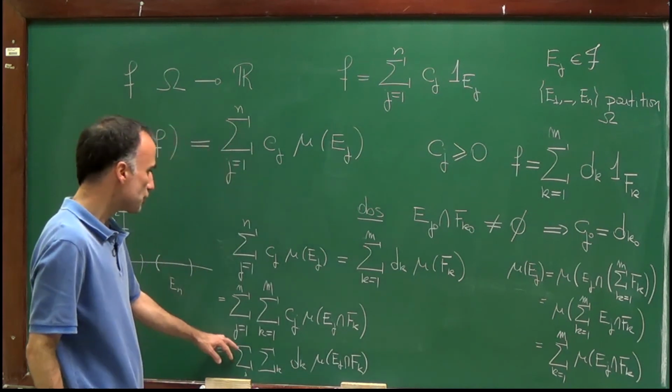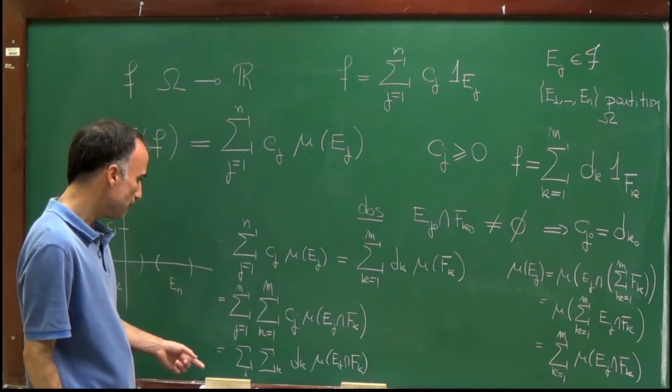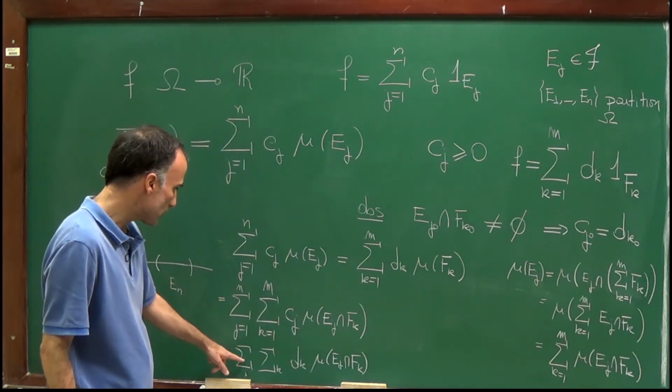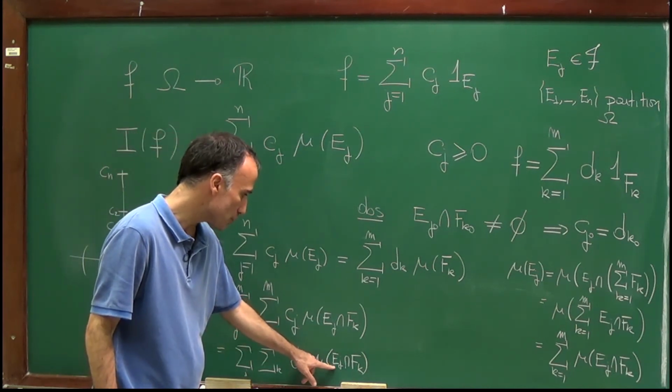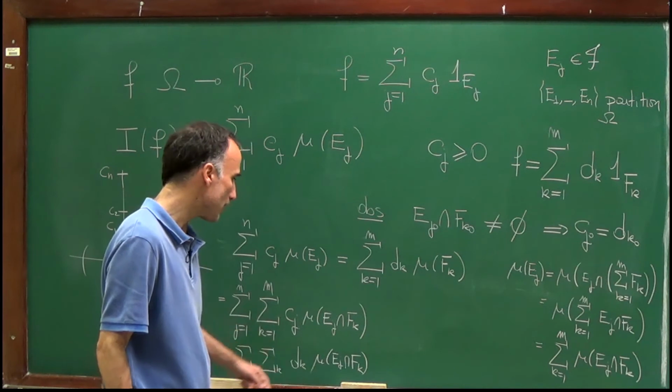And I can now just repeat the argument backward, which means that I will sum over j, and use the fact that Ej forms a partition of omega.